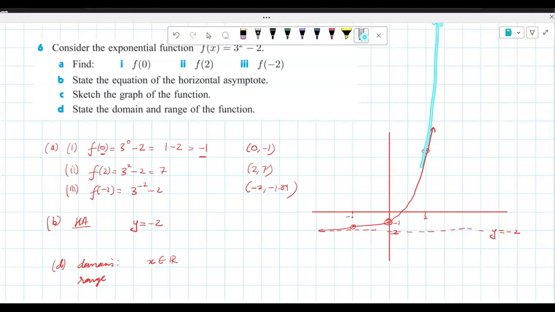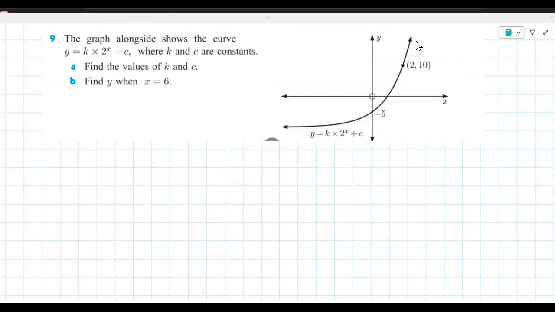This goes to infinity. So -2 to infinity. So y belongs to the set of y greater than -2, or you can write -2 to infinity. -2 is excluded and infinity is excluded, so you have the brackets the other way around.